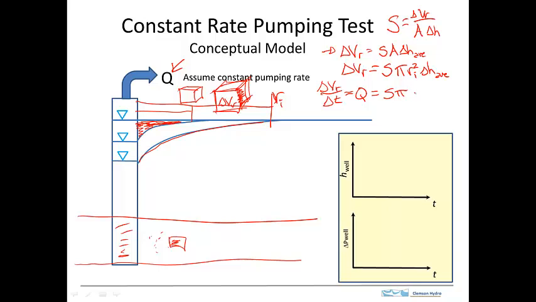So we'll write that like this, Ri squared times the change in head with time.